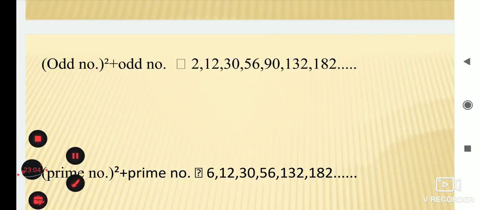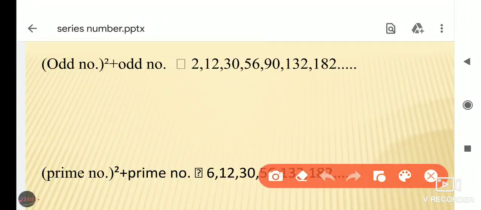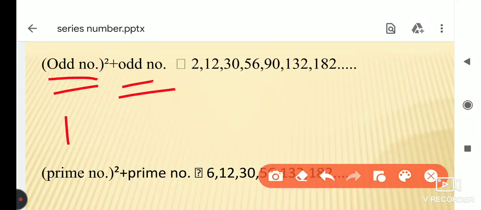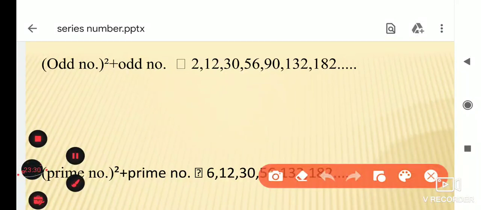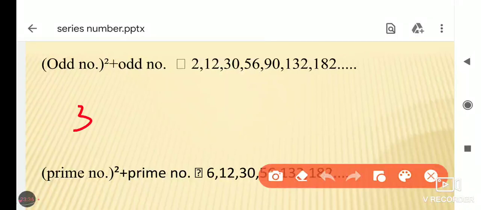Next is odd number square plus odd number. Previously we saw the even number square plus even number, so here is the odd number. The first odd number is 1. The square of 1 is 1, plus 1 itself, we get the answer, that is 2. The next odd number is 3.